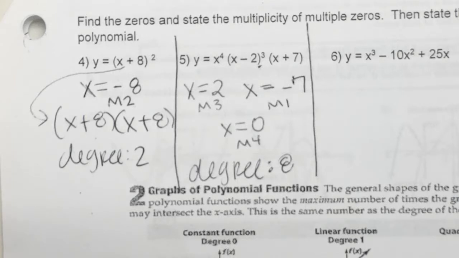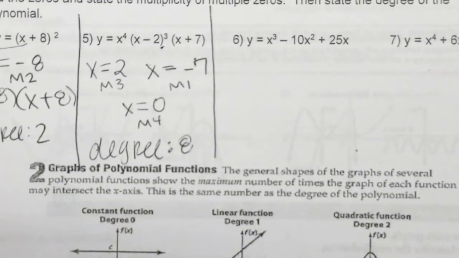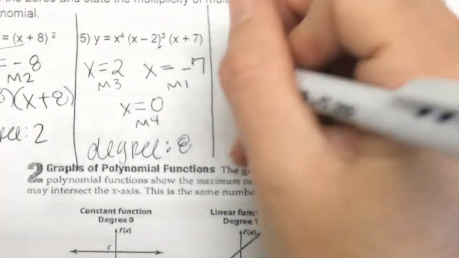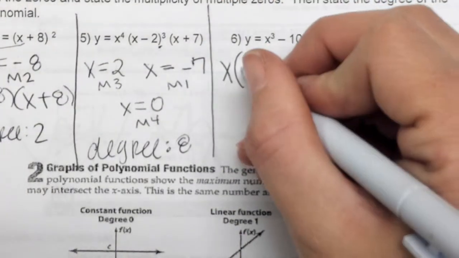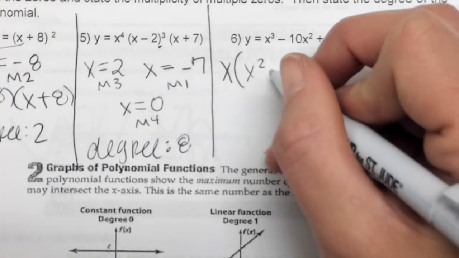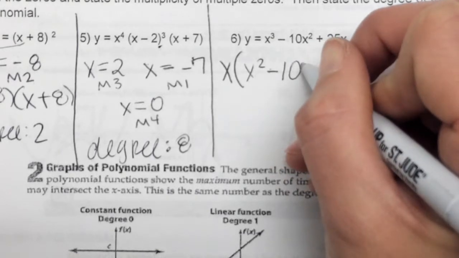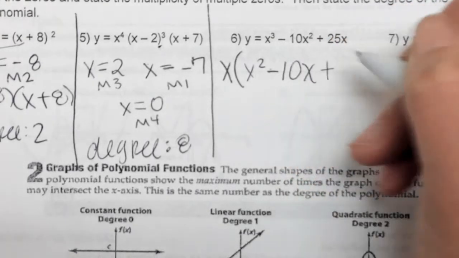Alright, what's different about number 6 and 7? Standard form. Good. So we need to put it in factored form by factoring, okay? So how would I factor this one? Yes, which is what? Good. What goes in the middle? Go ahead. Plus.